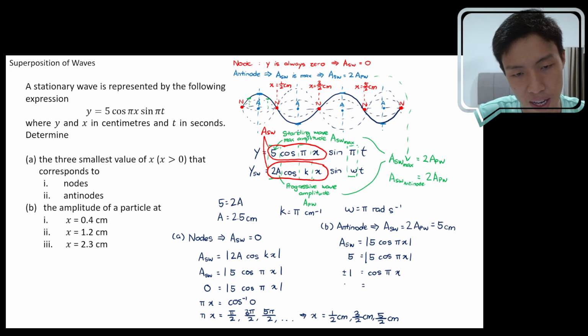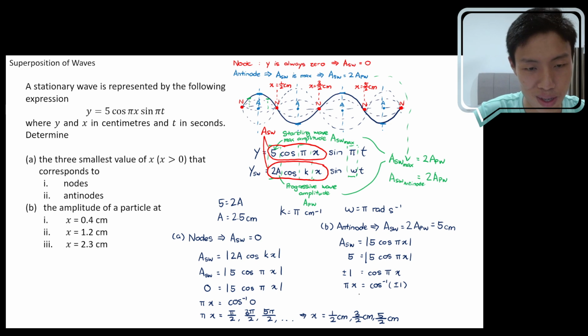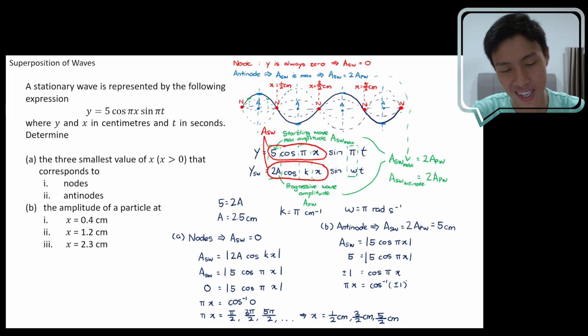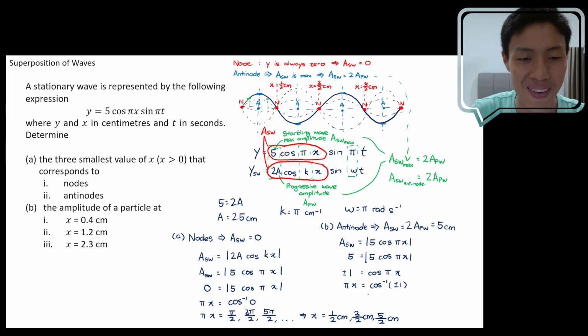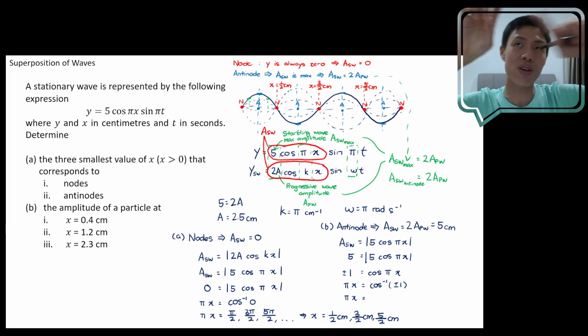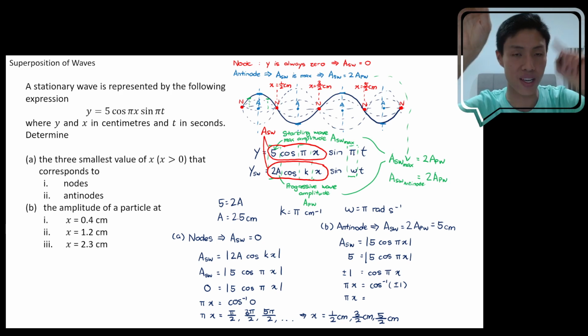So right now, I can say pi x and do inverse cosine. It's not the best way to do maths. Probably some maths lecturer will be scolding me right now for putting a plus minus inside inverse cos. Yeah, but I can't be bothered. Let's continue. Pi x. Okay, where do you find your cosine graph to be at 1 or negative 1?